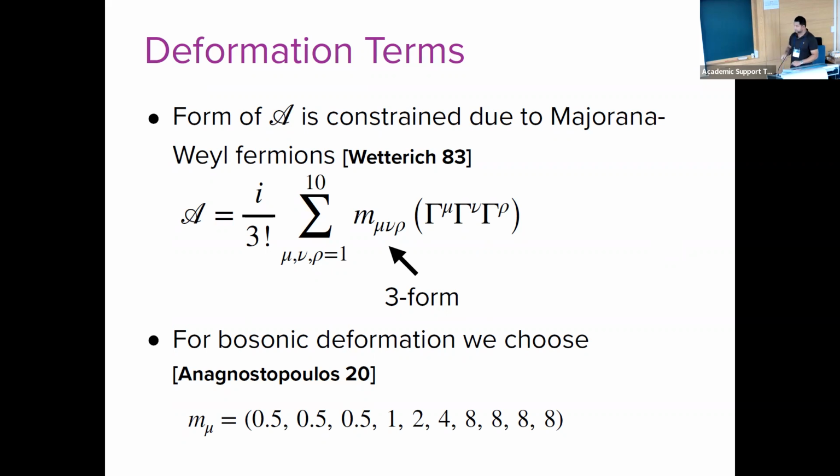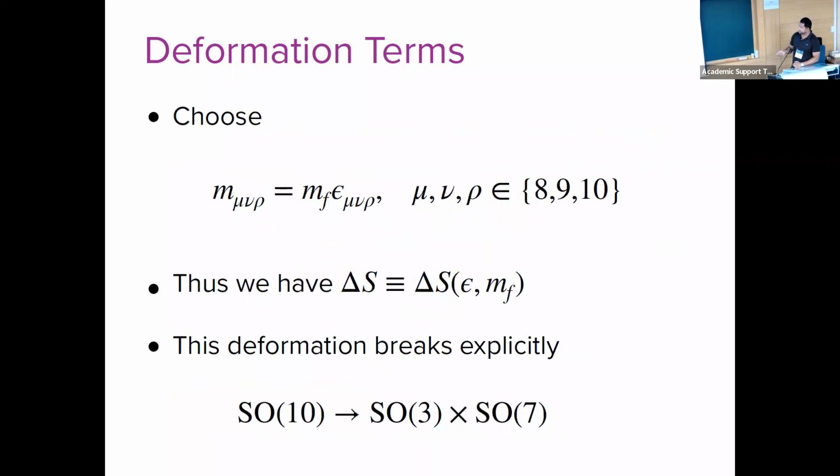So we picked something that has this SO7 cross SO3 already encoded in it. Eventually we'll take the mass going to 0 limit. We select this mass unit row, the 3-form, in this way. Then we have delta S. It has 2 deformation parameters, epsilon and MF.